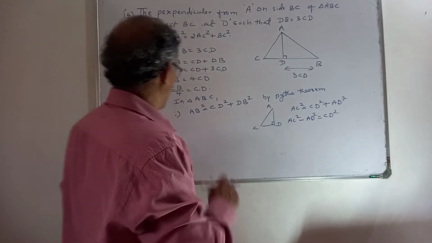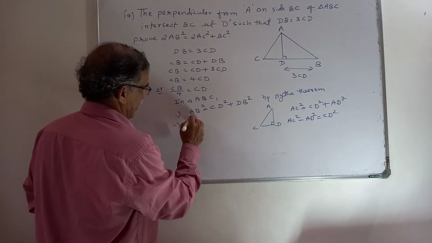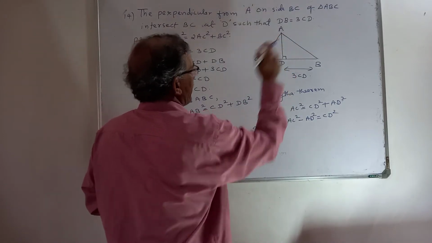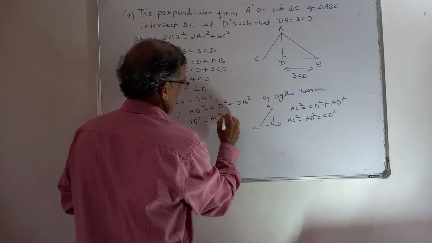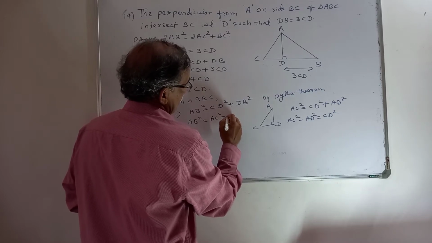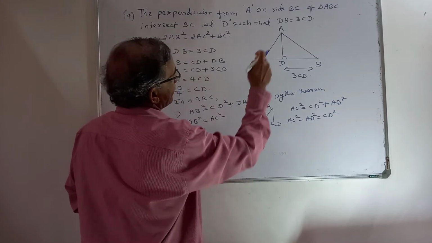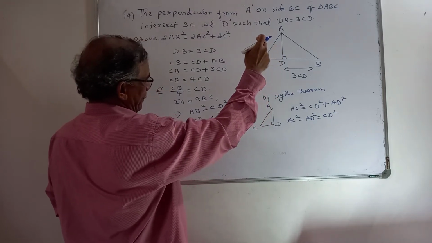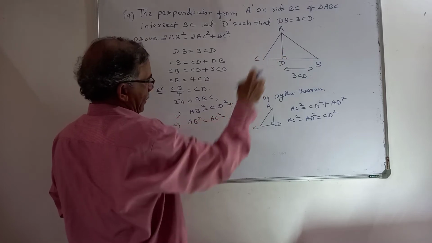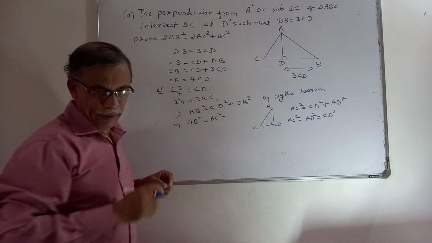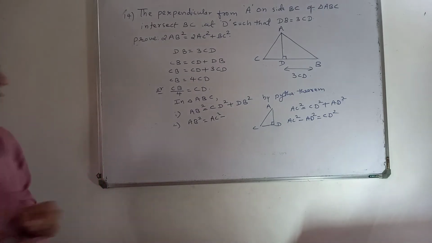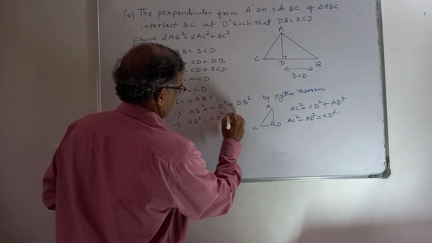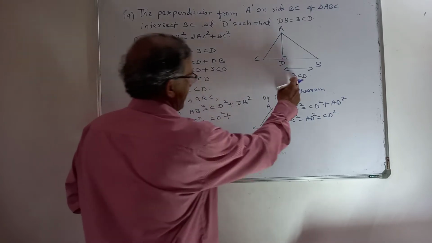So now we can directly write AB square is equal to AD square plus DB square.